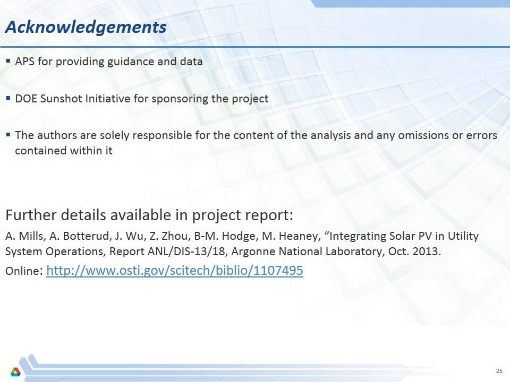But if it's only a small amount of storage like that, then it might be harder to deal with issues around overgeneration. If you can't shift that PV generation into later hours, for example, then you might not be able to deal with that. So you might need to start talking about, say, 2 or 3 or 4 hours of storage.